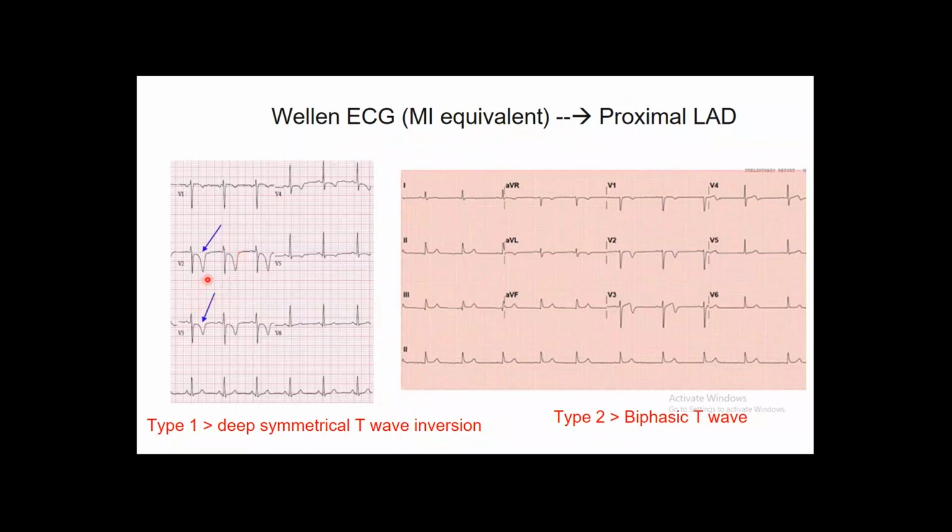Type 1 is defined by deep symmetrical T wave inversion in the precordial leads, like this one, and type 2, which entails a biphasic T wave on the precordial leads, like this one. If we see this pattern in a patient presenting with acute chest pain, even if the chest pain resolved, we should undergo an invasive approach with urgent coronary angiography for such a patient.